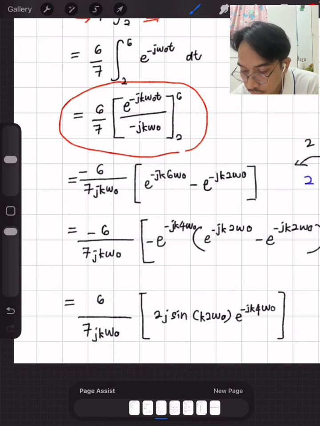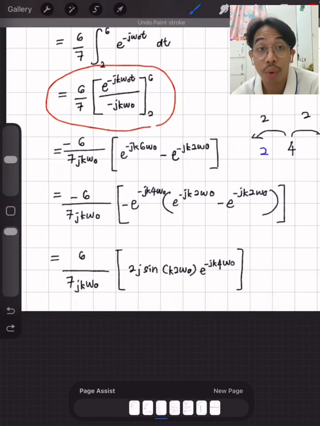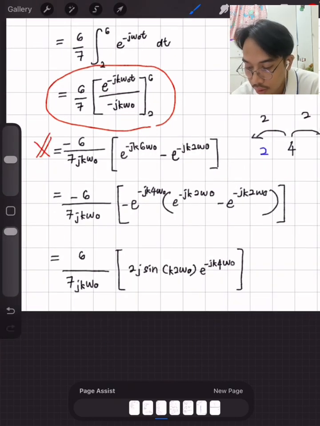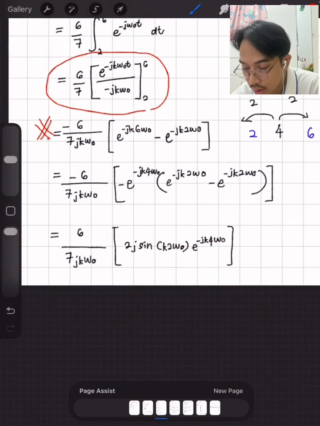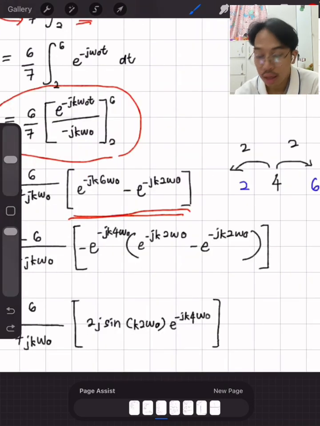Since we integrate an exponent, we still get the exponent, but we need to put the power down. From here we need to factorize the equation so that we can apply Euler. Here we substitute our value of t with 6 and 2.